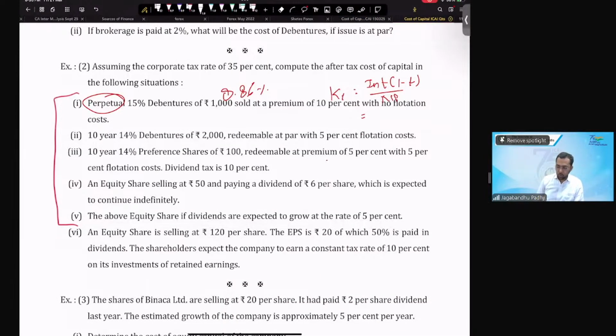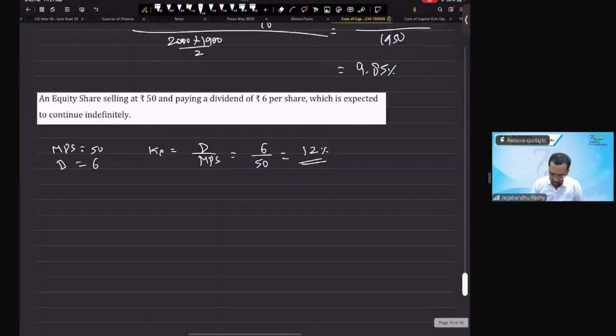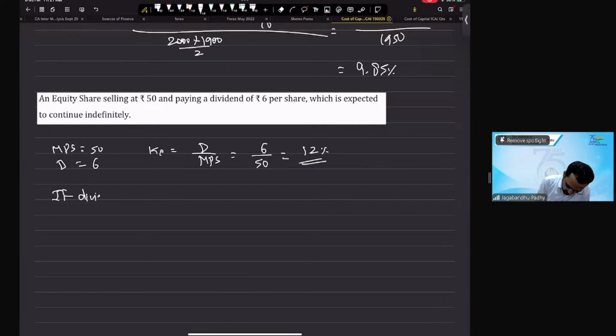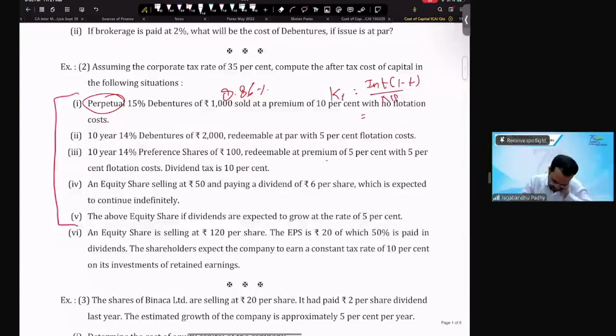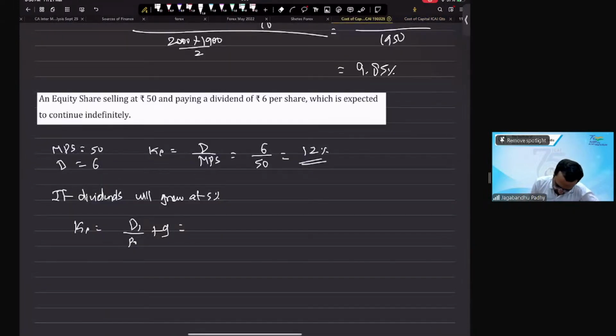If the dividends are expected to grow at the rate of 5%, then how is it going to be different? If dividends will grow at 5%, K will be D1 upon P0 plus g. Now, if dividend is going to grow at the rate of 5%, we can say it was paying a dividend of rupees 6.